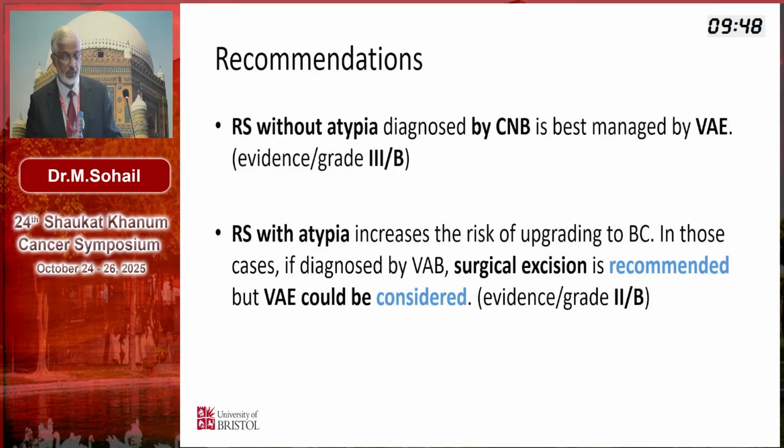But if there is atypia, then generally whenever the atypia occurs, they usually favor surgical excision, which is their recommended method. But because there are many countries and many pathologists or clinicians, they are still not convinced that they need it, so they still kept a door open for VAE over here, and they say you can consider vacuum-assisted excision in these cases.